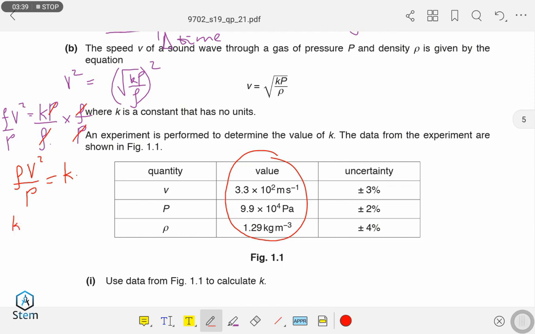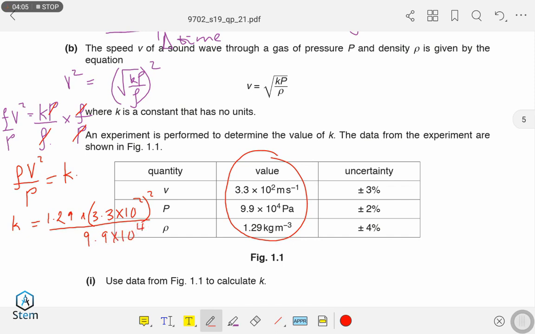So we can say K is equal to ρ is 1.29, V squared is 3.3 times 10 to the power 2. This whole thing is squared, or divided by P, which is 9.9 times 10 to the power of 4.